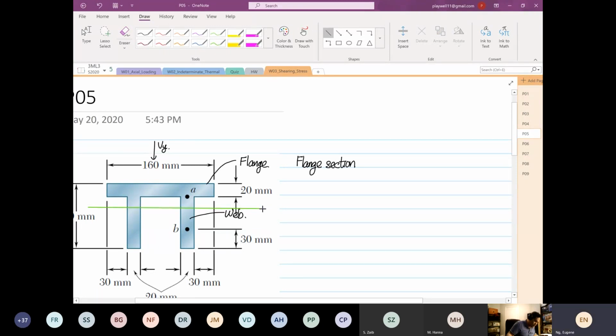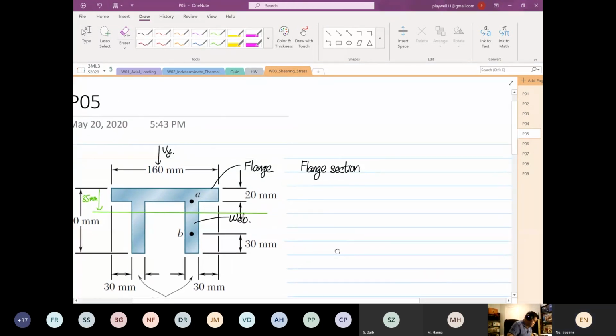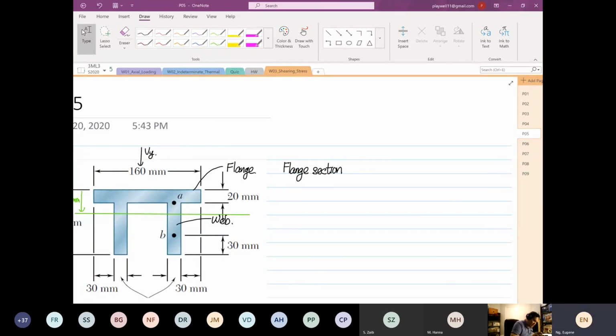The centroid from here to here, we found out, is 35 millimeters. That we know already. So on the flange section, we're going to set our limits. The limits will be equal to 0.015 y, and it's going to go up to 0.035 meters.